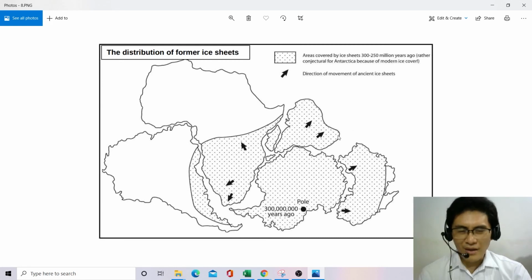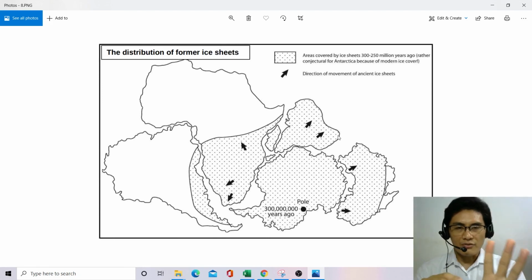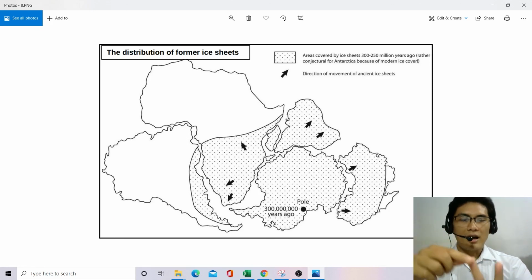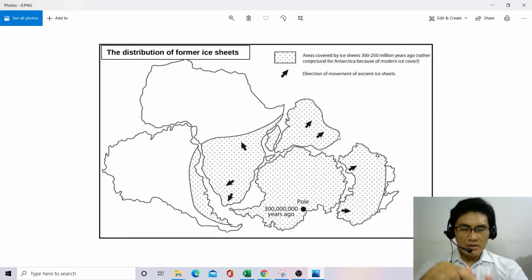So therefore, now that completes your evidences. So you have jigsaw fit of the continents. You have evidence from fossils. You have evidences from rock, including the ice sheets, the tillites, and then you have coal deposits in Antarctica.